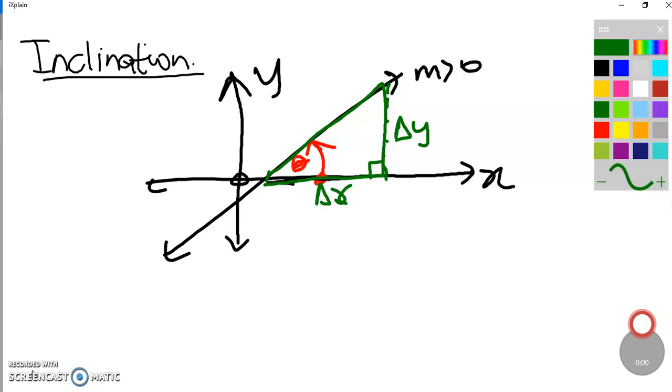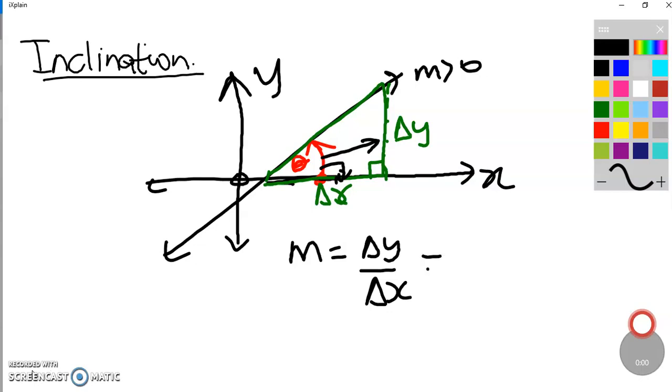By using trigonometry, you can see that the gradient m is the change in y over the change in x. Using this angle, the change in y is the opposite side, and the change in x is the adjacent side of the right angle triangle, if you are referring to angle theta. So we have opposite over adjacent, that is tan.